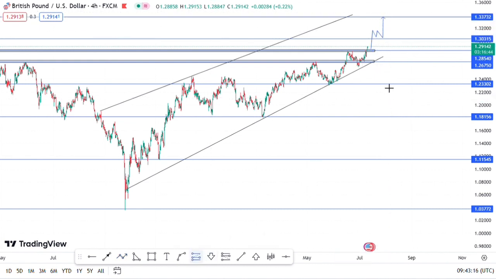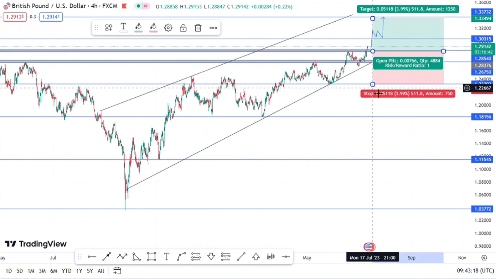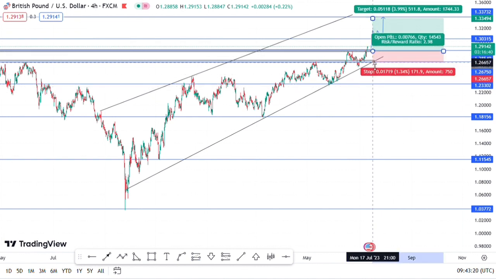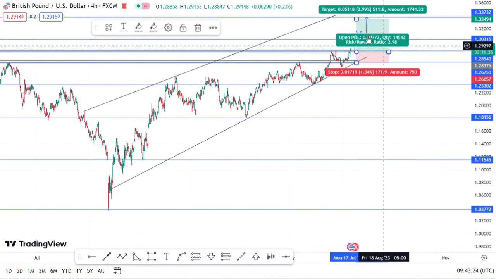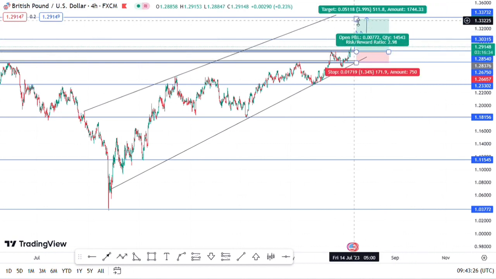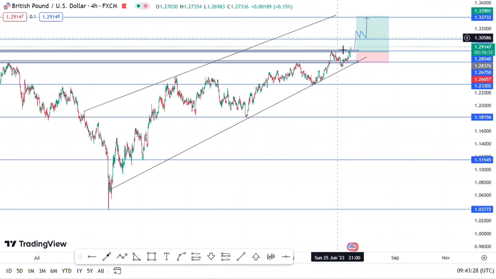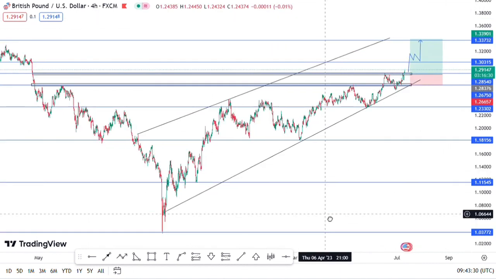That means we are going to enter right here, stop loss a bit below right here after a correction. Remember, you don't enter a trade on an impulse move, you enter a trade after a correction. Each and every time you gotta remember that before you enter a trade.